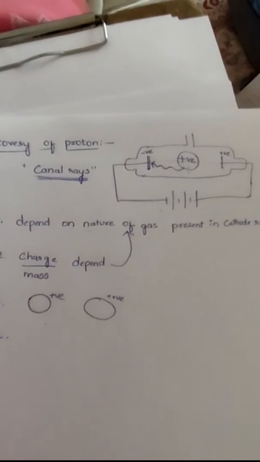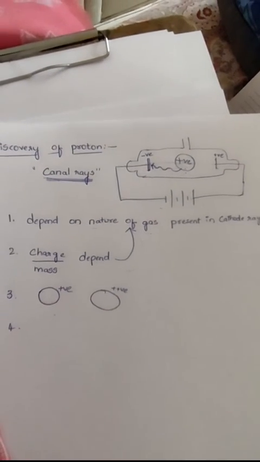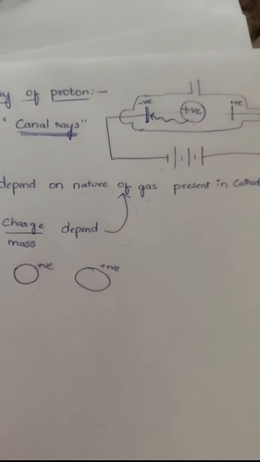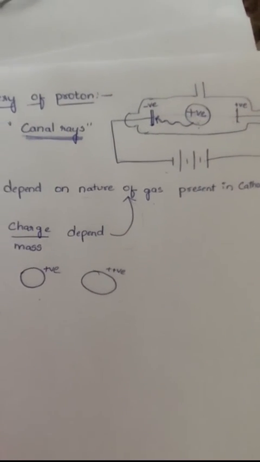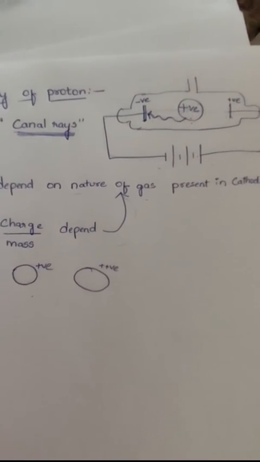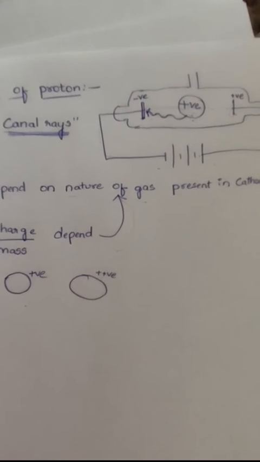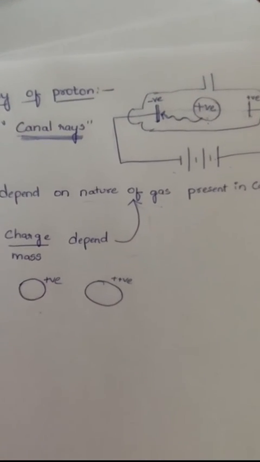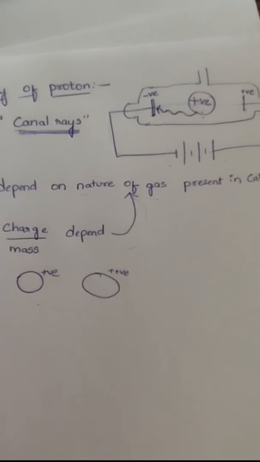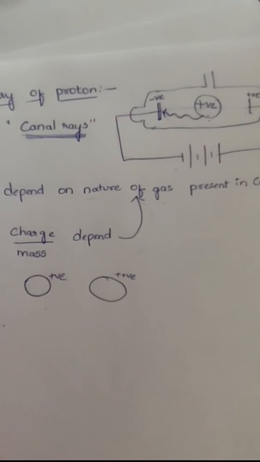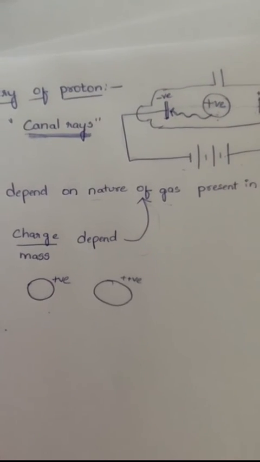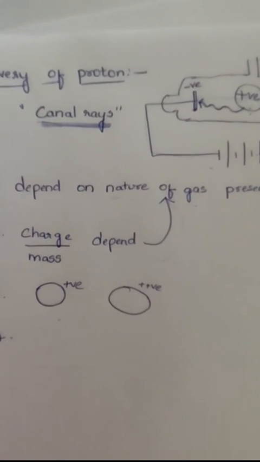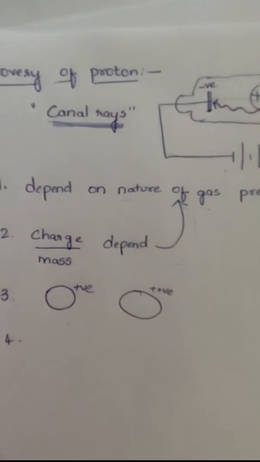See, when cathode rays are passed, their behavior alters when electric field and magnetic field are applied. Like that, these particles also get altered. Their path will get deviated when electric and magnetic fields are applied, but in the opposite direction to that of cathode rays.